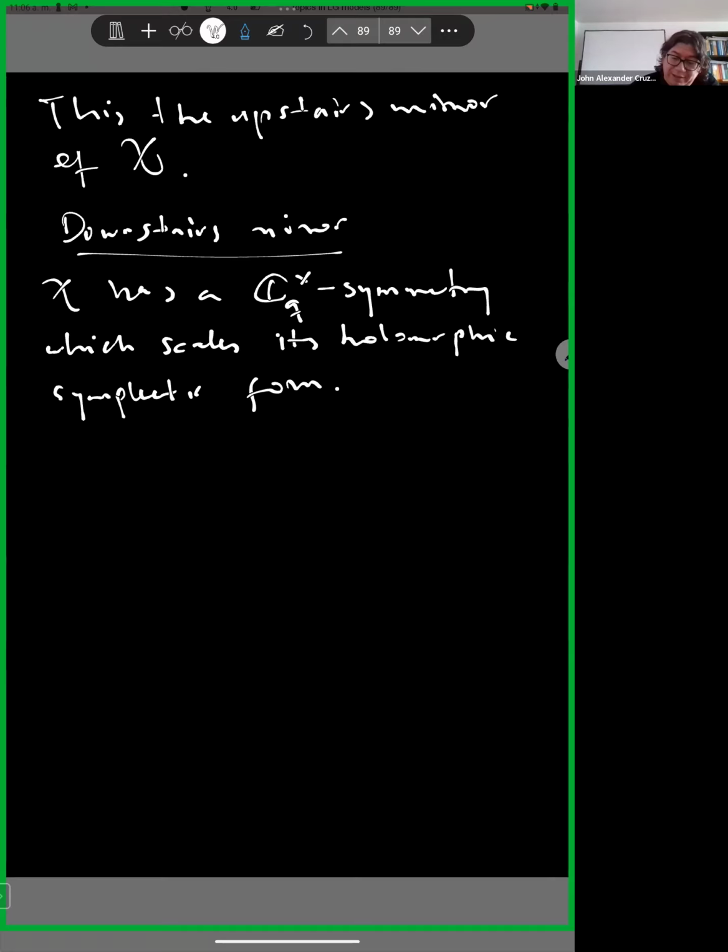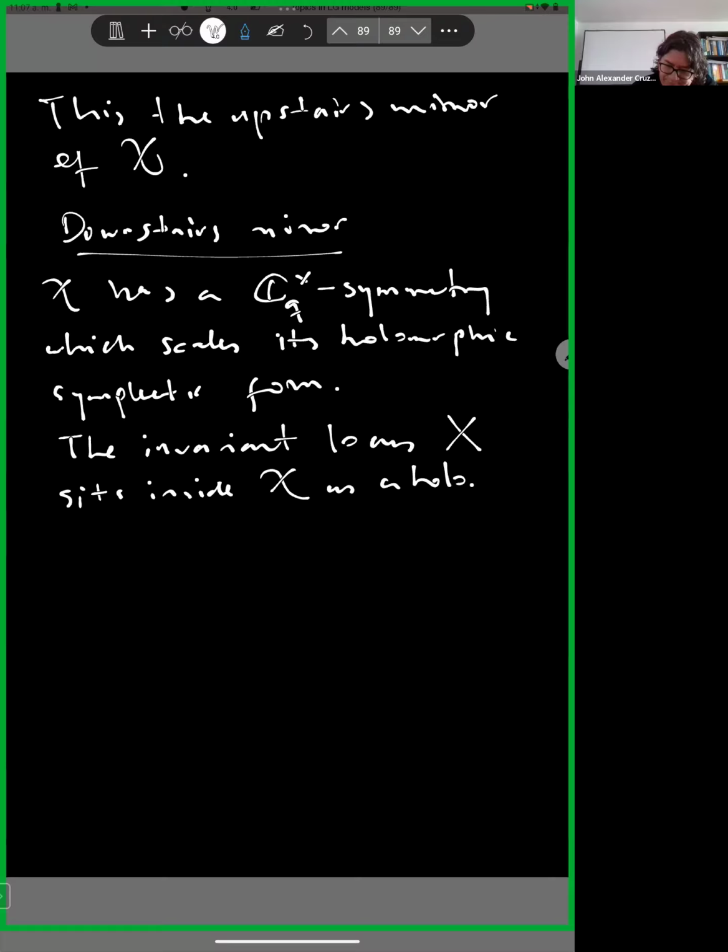The invariant locus with respect to this, which we may call straight X, sits inside curly X. It's a holomorphic Lagrangian, so this means it has half the dimension of curly X.